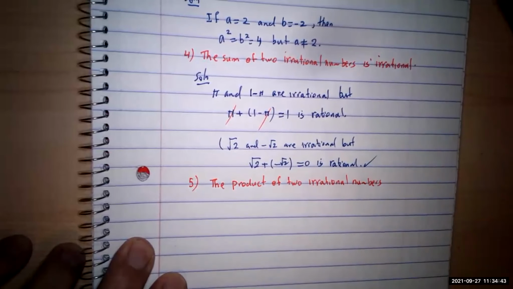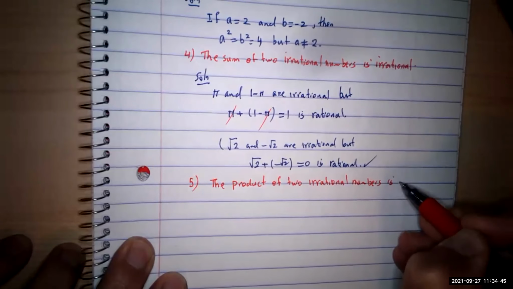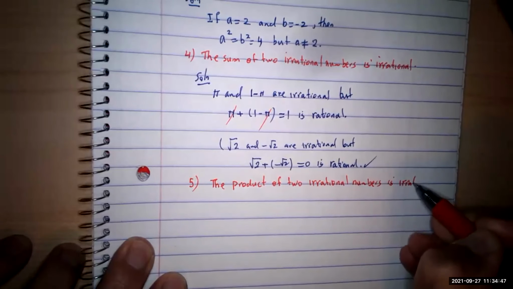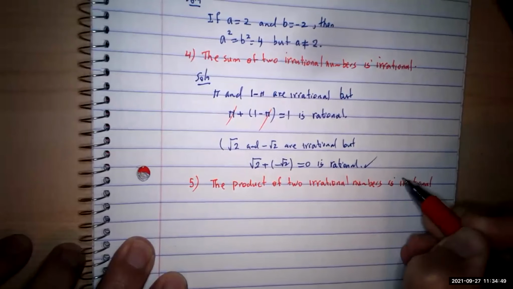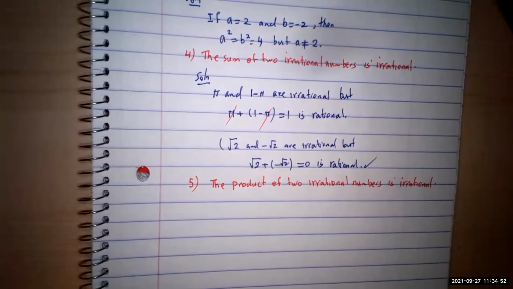The claim is that it is irrational. So you need 2 irrational numbers whose product is rational, to reject it.